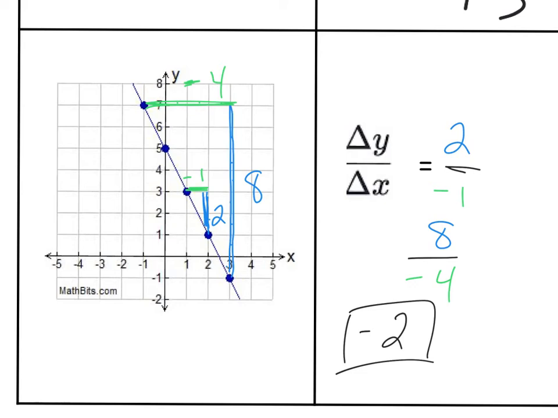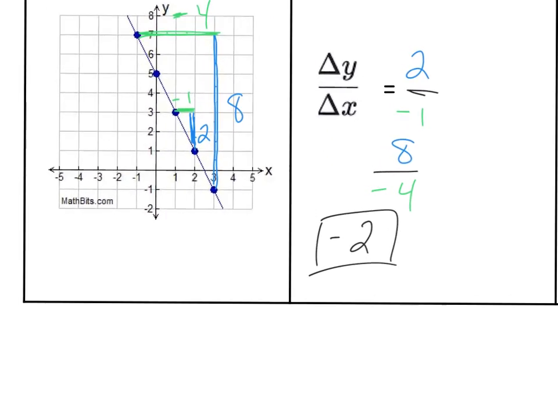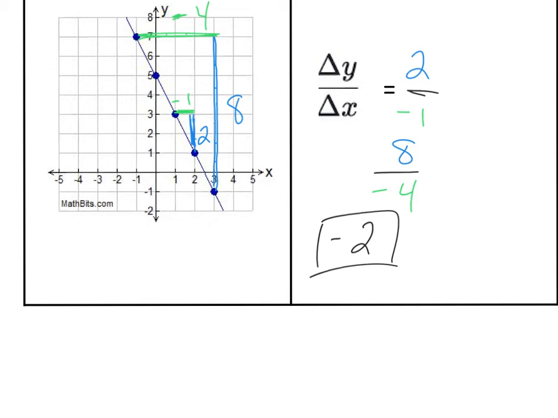Sometimes counting on the graph can be a little tedious. You really have to make sure you look at your scale, because a lot of times your scale will go by tens or thousands, and you count 3 spaces and you write 3 instead of 30 or 3,000. So a lot of times I tell my kids, pull your points off and make a table. I have the point (2, 1), and I have the point (1, 3).